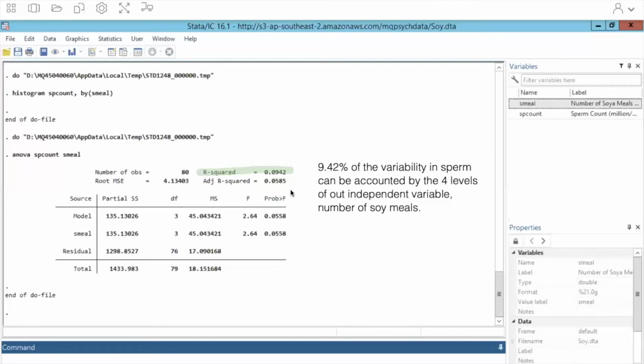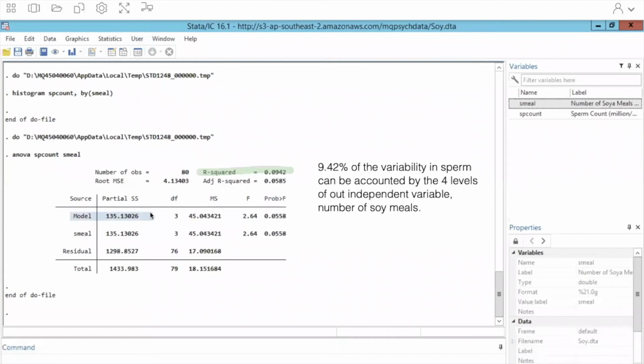So in the ANOVA table, we have a line for the overall model, a line for our independent variable here, soy meal, and then a line for error. So error in our model, or variability in sperm count that we can't account for by our manipulation. And our manipulation is simply number of soy meals eaten.